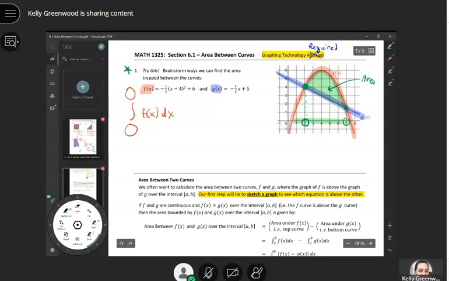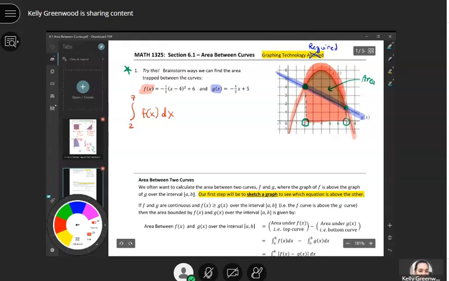Okay, so if I found the integral of function f between 2 and 7, this is what I would be finding. Okay, I'd be finding the area under this curve trapped between the x-axis. So I would be finding all this area right there. I shaded it in red.